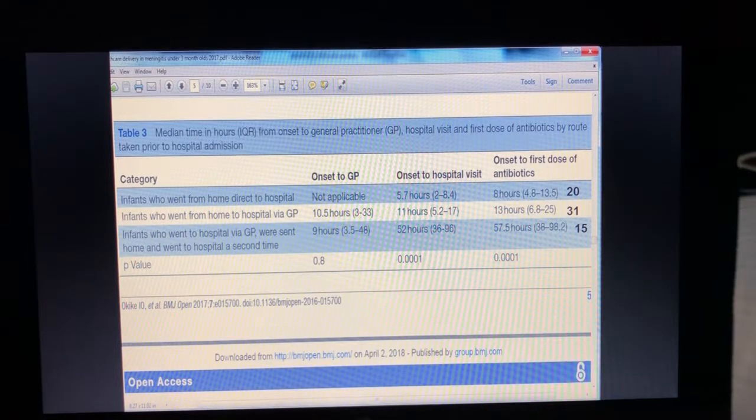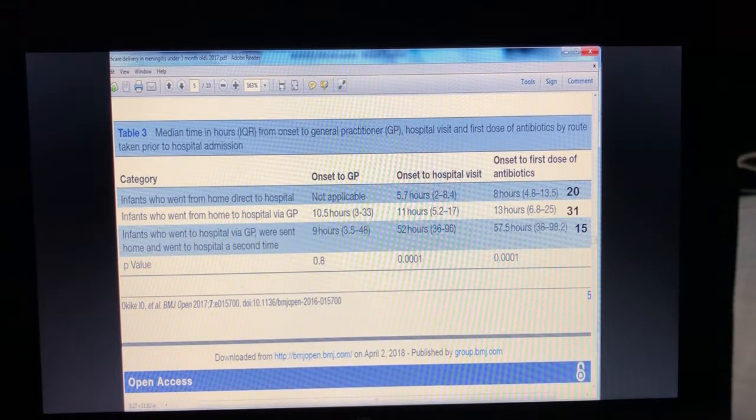From this study, this next table shows the mean time to first dose of antibiotic from onset, depending on whether the babies first were taken to hospital, and you can see in the right hand column there were 20, or if they went to hospital from the GP or some form of primary care, and that is 31 infants.